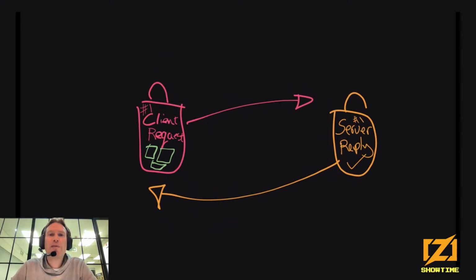To solve the problem of the cable monster that occasionally eats packets when clients dial into the server, we need a little red request packet bag for clients to send financial operations, yes, but then we also need a little orange reply packet bag for the server to reply and tell the client the result of the request. This way, the client doesn't delete the financial operation until it knows it's safely stored on the server.